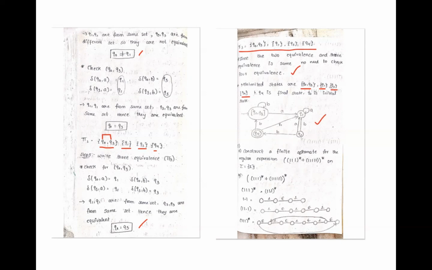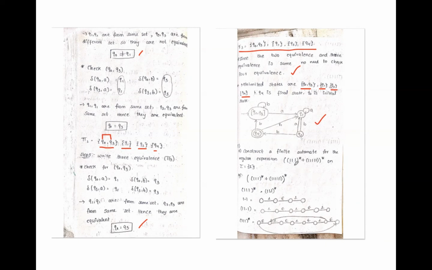Then the next question is construct finite automata for the regular expression (111)* + 11111. So here the input symbol is 1 and we are applying the subset method in this case. If you take 111, we already know the notations, three notations we saw in the previous video.